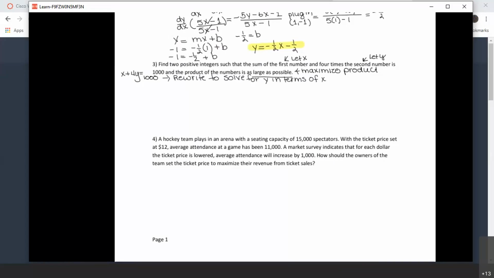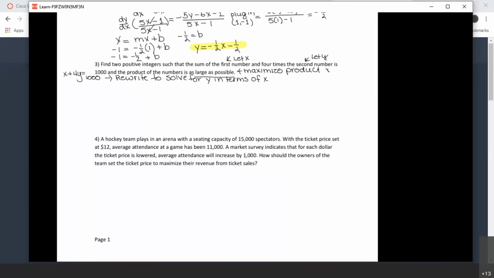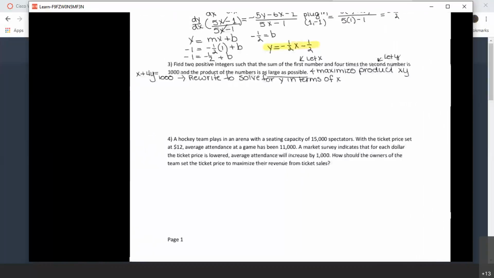The reason you're doing that is you want an expression for the product. We know the product is xy, right? But I don't know how to differentiate that yet. And y is not necessarily a function of x here. Y is something totally separate. It's a separate variable. So what I need to do is write y in terms of x, so I only wind up with the variable x in my product.